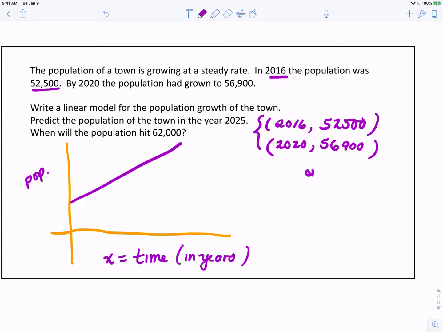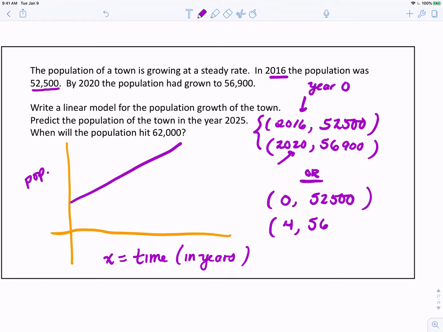Or something that's often done when looking at time is to make the first point in time year 0. Now, if we did that in year 0, in other words, when we started counting, the population of the town was 52,500, and then 2020 would be 4 years later.